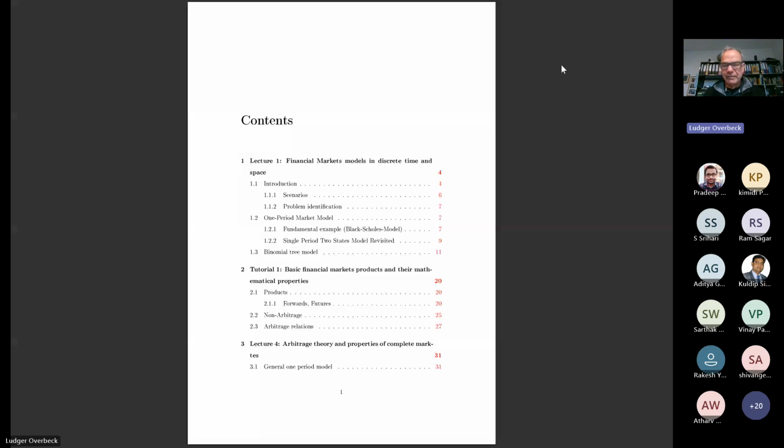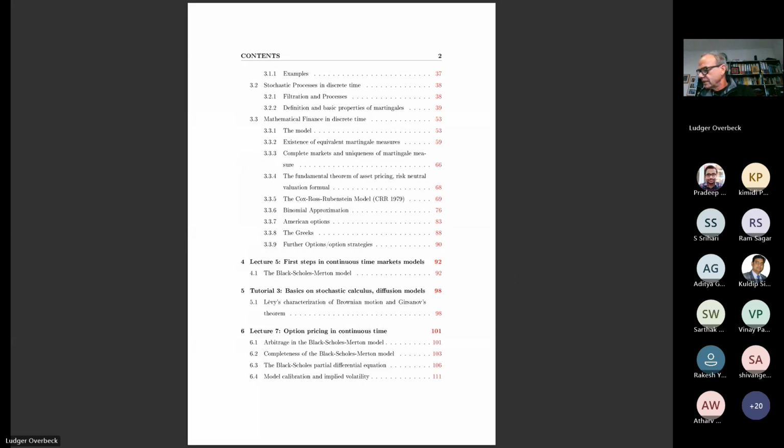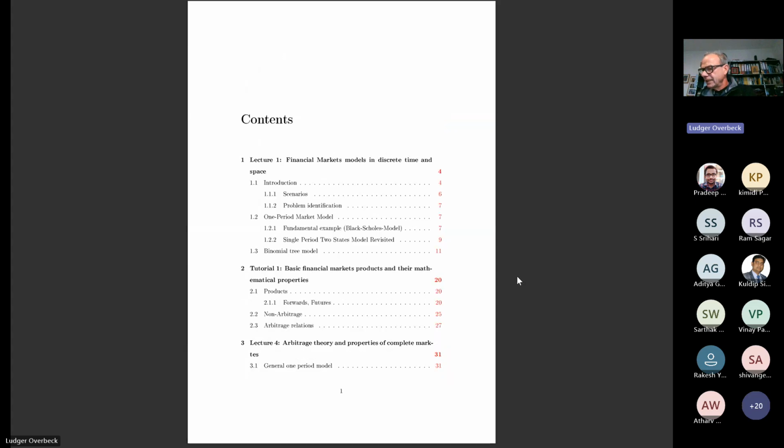Here you see the further outline. We have a tutorial after this where we talk about the basic products and the central non-arbitrage condition and arbitrage relation. Then my next lecture is on arbitrage theory and properties of complete markets.